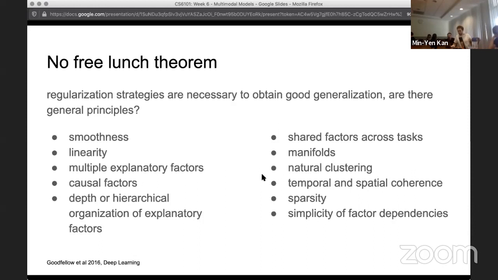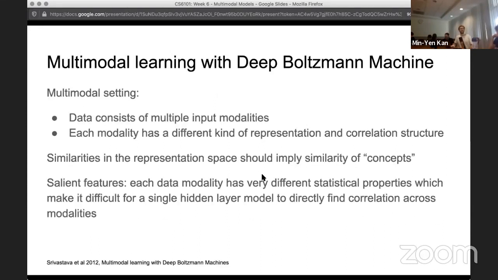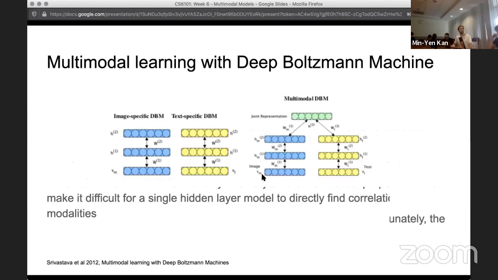It's something that comes up sometimes in the literature. They talk about this free lunch theorem, and I think it's relevant because in a lot of multimodal learning papers, the authors have a clear idea of what they want to do, but sometimes the architecture is so complex that I'm not sure if they're doing it for a reason or if they're just trying to make it work for their particular data.